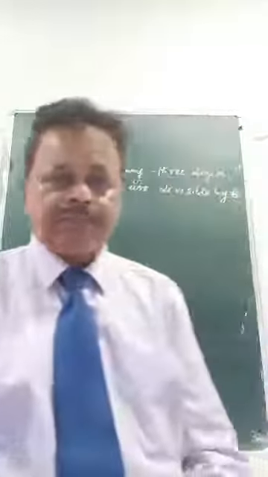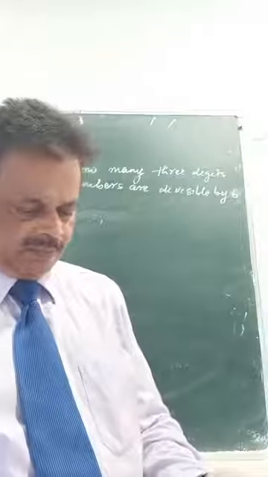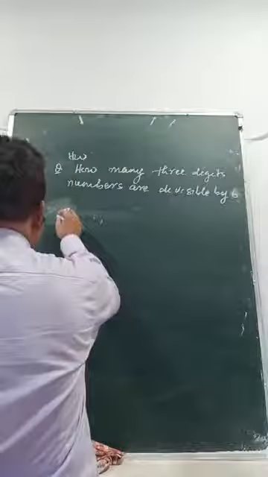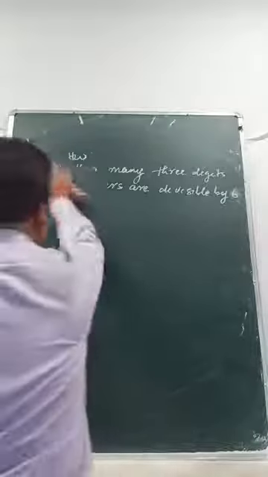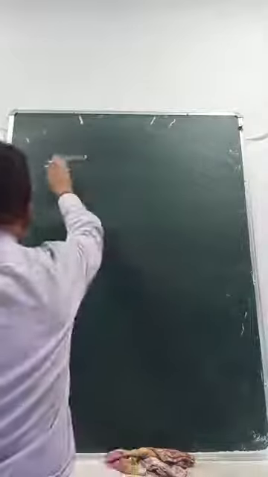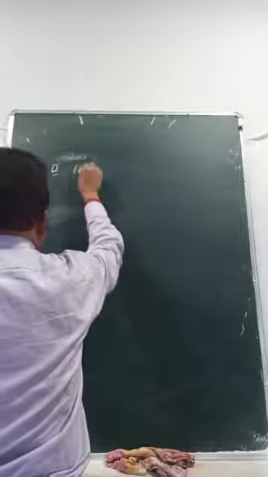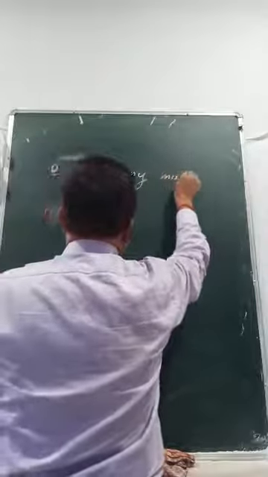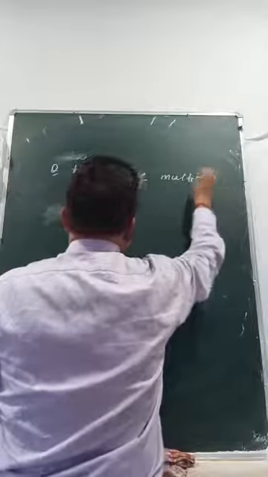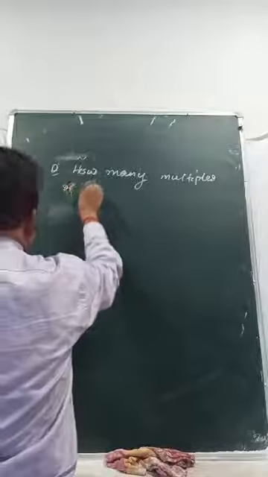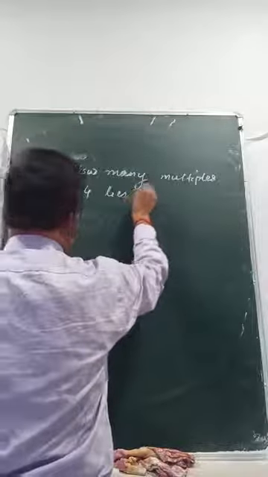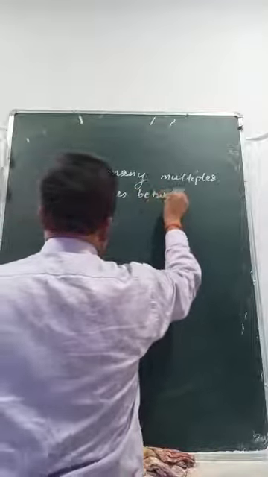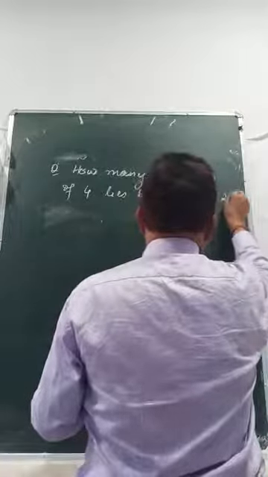Then, next question. How many multiples of 4 lie between 10 and 250?